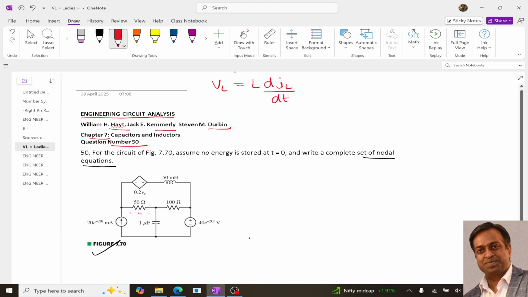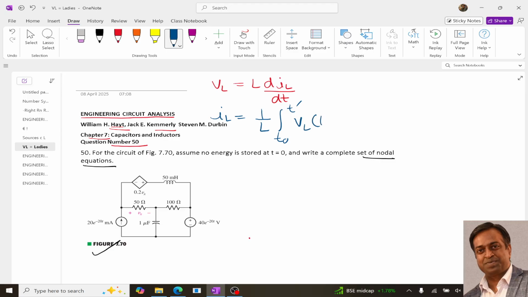VL is the voltage across the inductor, IL is the current flowing through the inductor, and similarly the current IL is expressed by taking the integration of this. After taking the integration, we get the expression for IL as 1 by L times the integration from t0 to t dash of VL(t) dt, plus IL(t0).